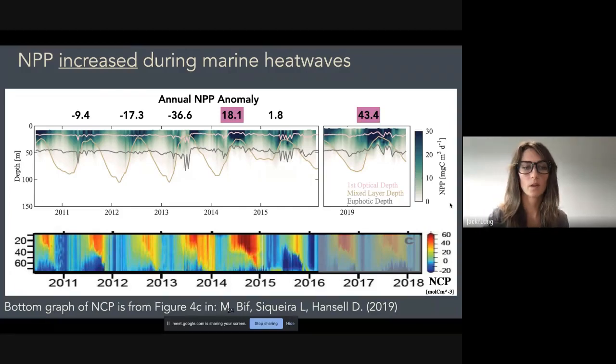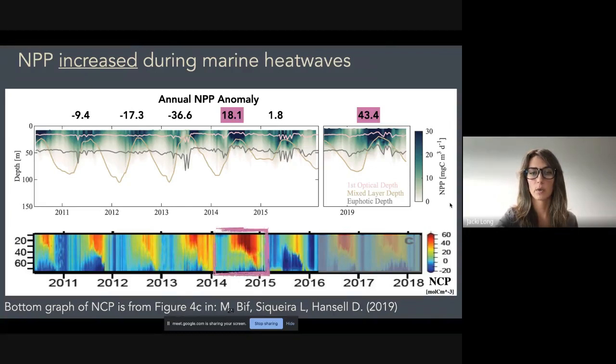All right, so here we're getting back to net community production. So I've just added annual net primary production anomaly on the top and highlighted those 2 years of major NPP increases in magenta, so you can focus on those. And we see that in the first year of this marine heat wave, there's a high increase in NCP and NPP.